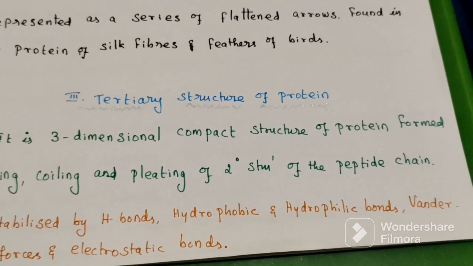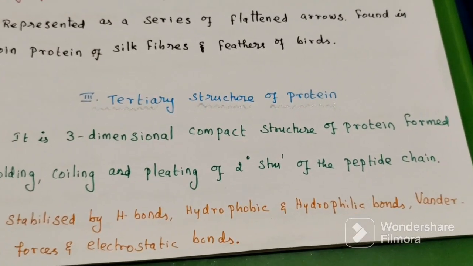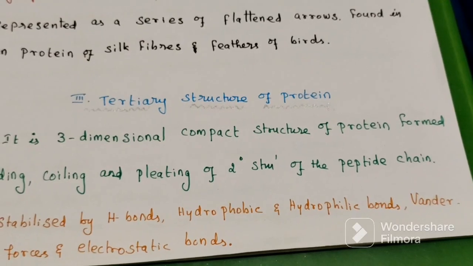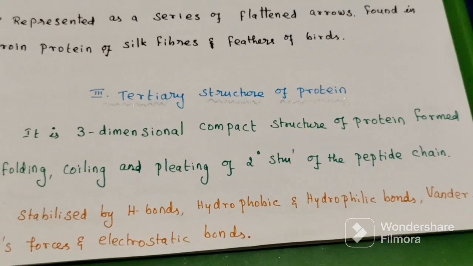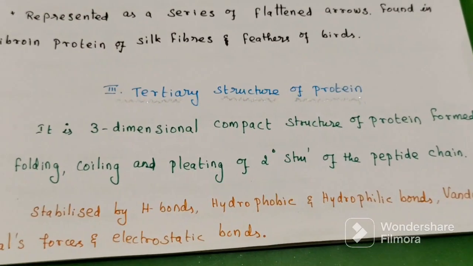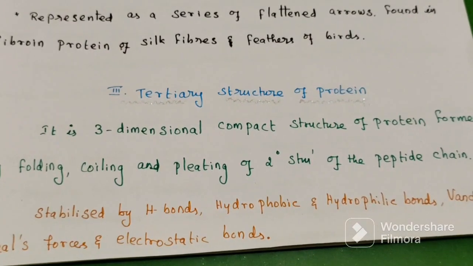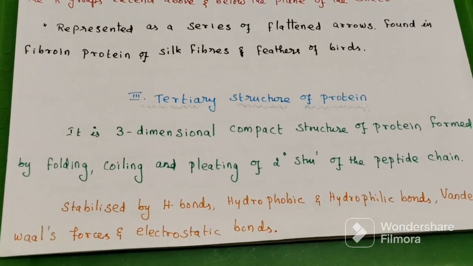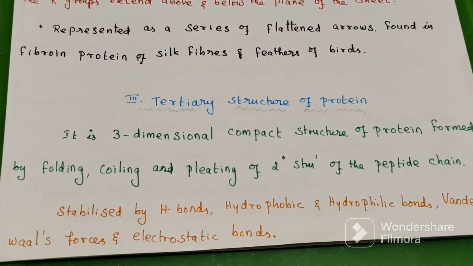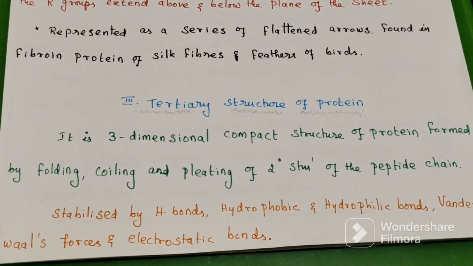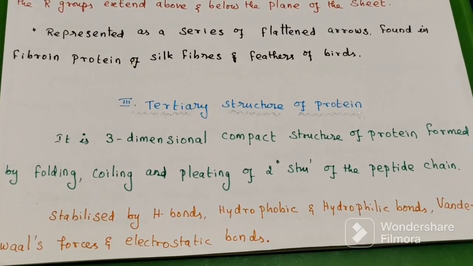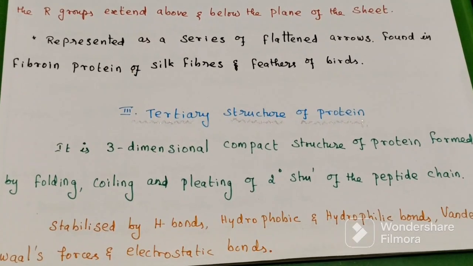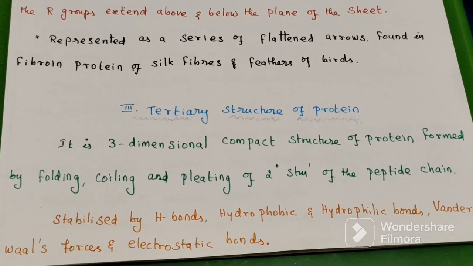This structure is stabilized by hydrogen bonds, hydrophobic and hydrophilic interactions, van der Waals forces and electrostatic bonds, which means these are the bonds found between hydrophobic side chains, that is nonpolar side chains, and hydrophilic side chains, which are found in the exterior.